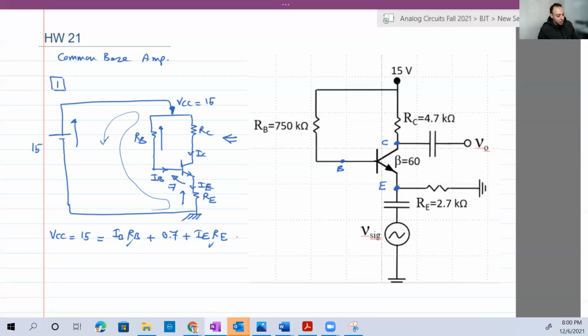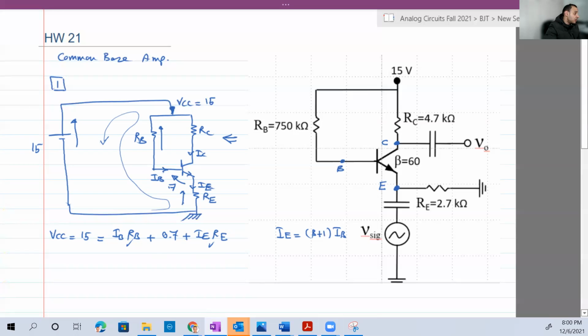So if we substitute this relation between IE and IB, which is beta plus 1, or beta if you just ignore the 1, that's also valid, then we have one equation. Or we can say there are two equations in two unknowns as well. That's also valid.